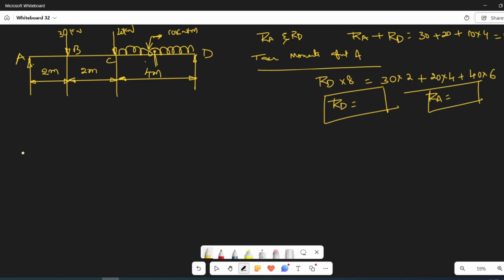Here the upward force will be treated as negative. Mark that upward force, downward positive.